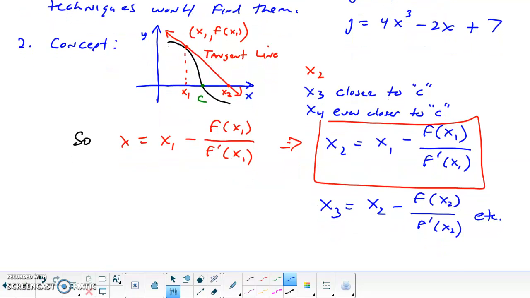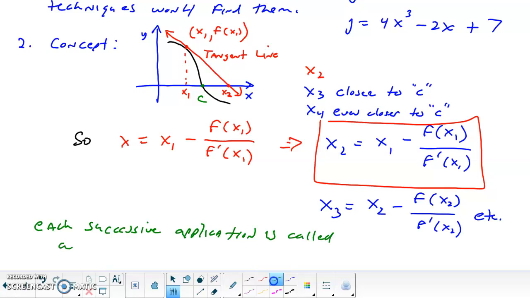And so then we'll write here, each successive application or use of the method is called an iteration.